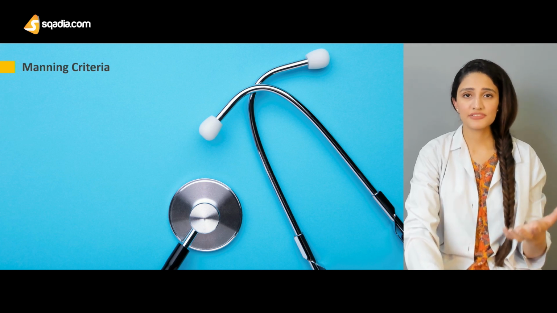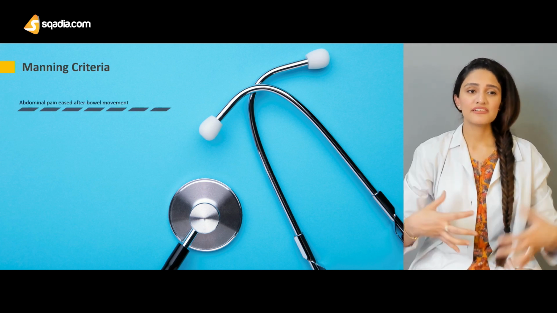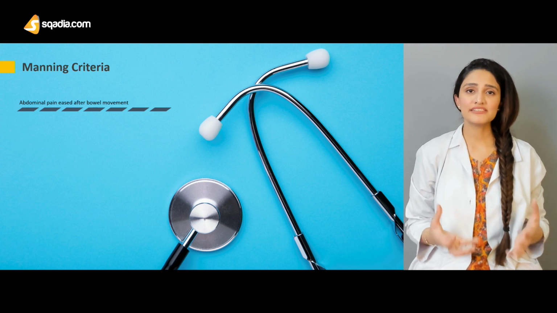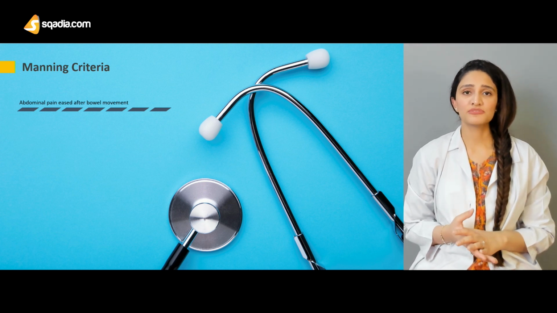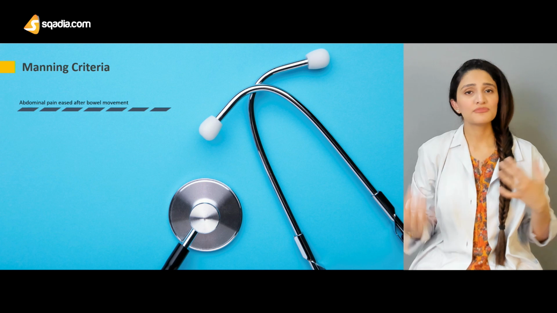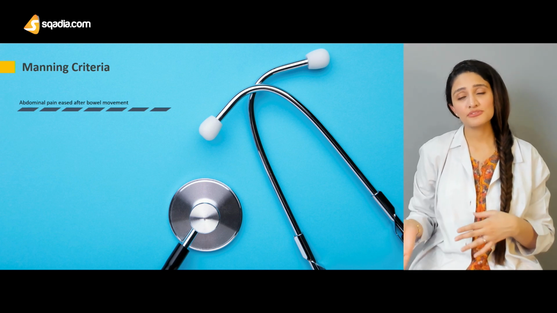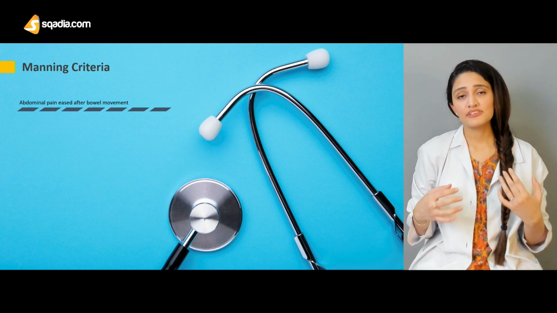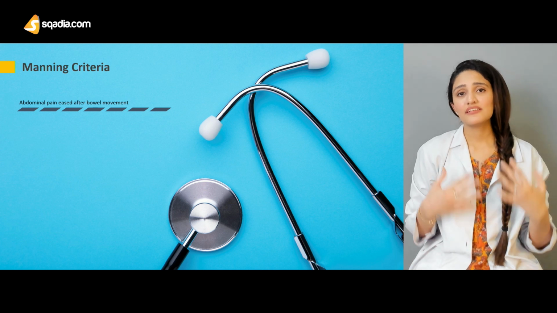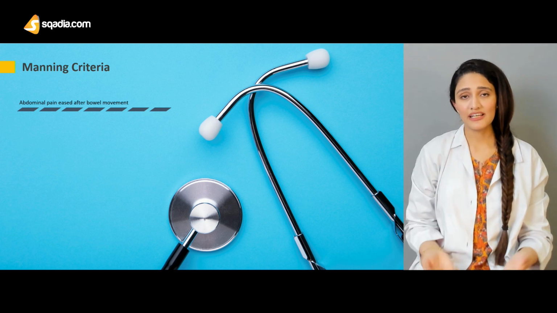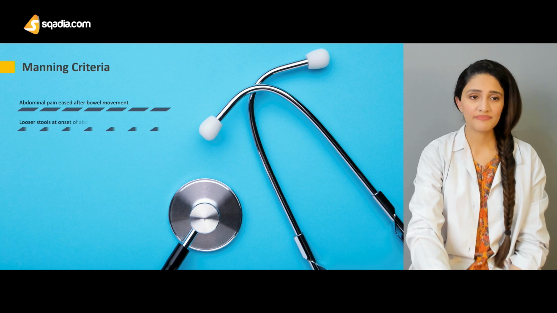This list of symptoms includes abdominal pain that is eased after a bowel movement. So a patient has abdominal pain, and then when he rushes to the washroom and releases his bowel movements, he feels that the pain has been relieved.